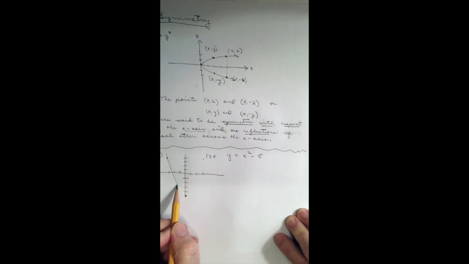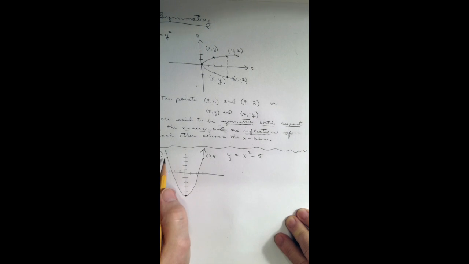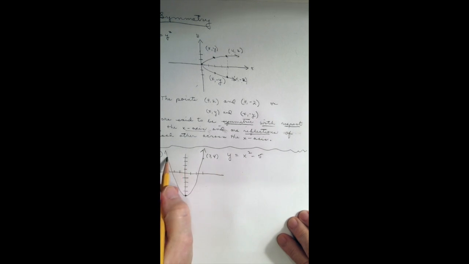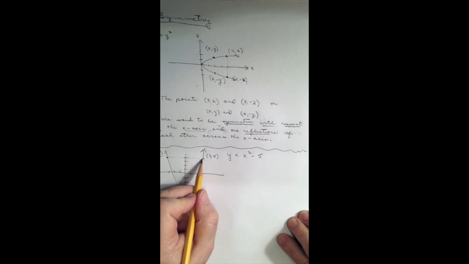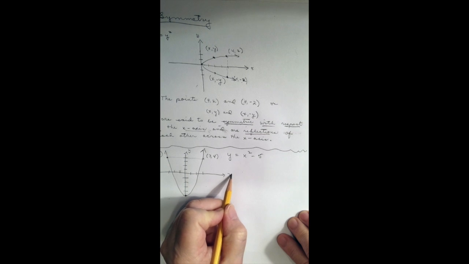And if we draw this graph, we can see that these 2 points, (-3, 4) and (3, 4), are equidistant from the y-axis.